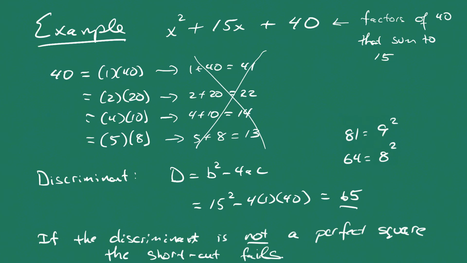And so in this case, we can see that our method is going to fail. And just going through trial and error, we can actually see nothing really does work. And so probably our first step always should be: is this method going to work? Compute the discriminant, see if it's a perfect square, and then go from there.